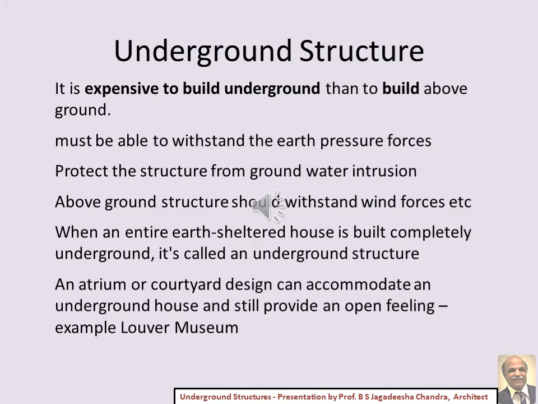This is a good idea, and many times it can be adopted in old buildings which you cannot touch, and whatever you do today may not match the old building. To avoid this, you can go for underground structure and at the same time retain the open court as it is. For this, the best example is the Louvre Museum. You can see this in the coming slides.